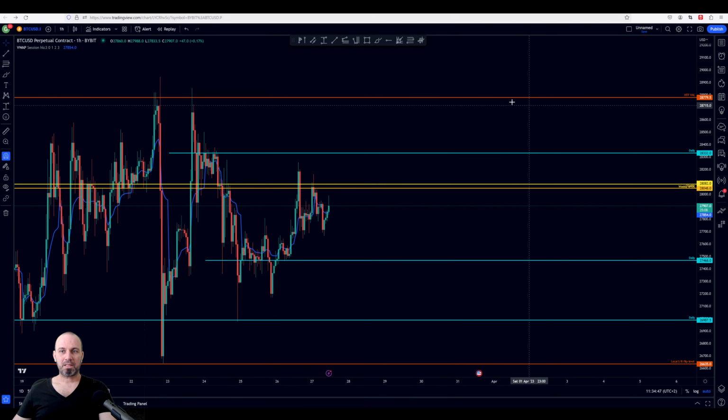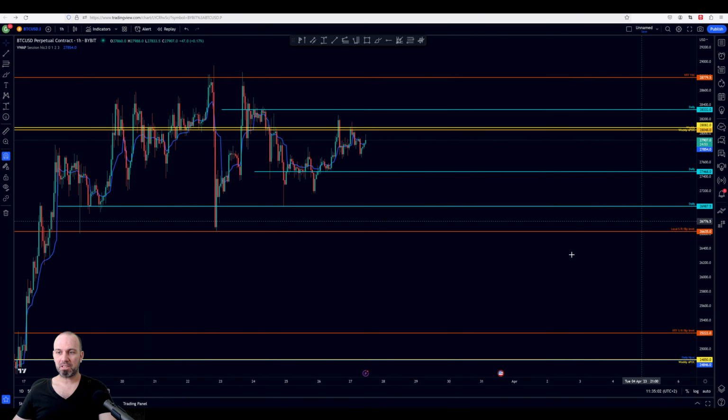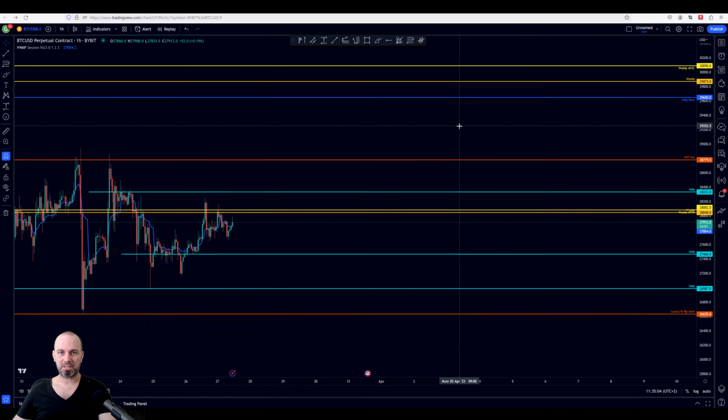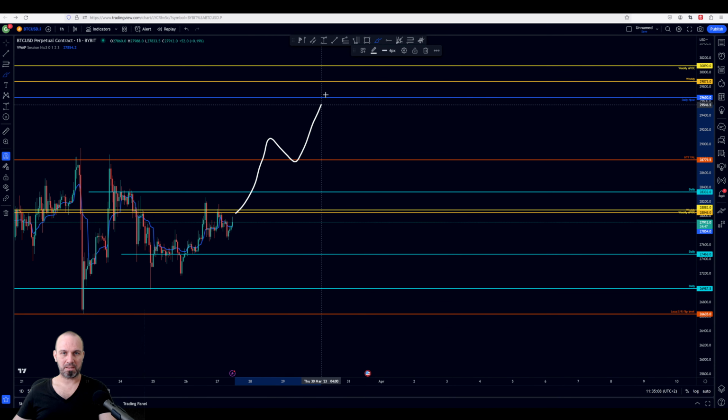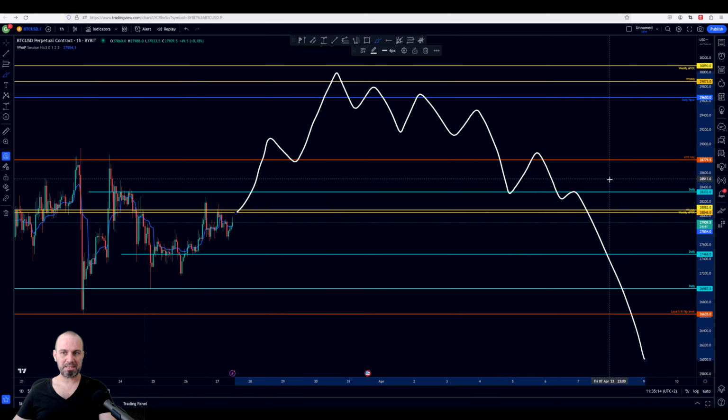Now, if the price manages to claim this level, like I said, really important for the bulls is to hold this level as support. As long as this level holds as support, more upside is possible. If we see a push to, let's say, this area, and the price does something like this, and after that we start to see something like this, this can be seen as weakness.